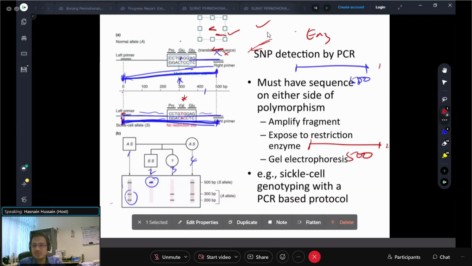An example of this is sickle cell anemia, where in some of the sequence the difference is only at one nucleotide, causing the individual to become a sickle anemic individual, and then we detect it by the PCR. So this is the explanation, a very long explanation, almost half an hour, oh my God.